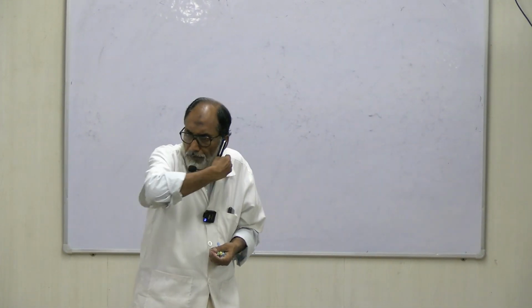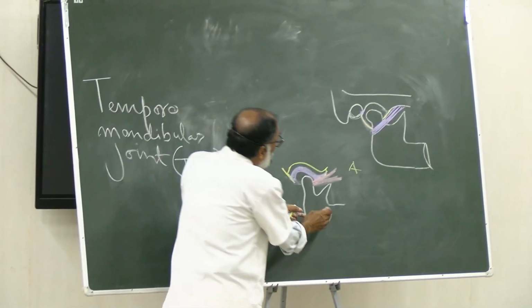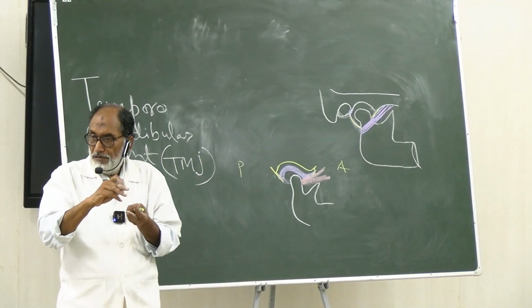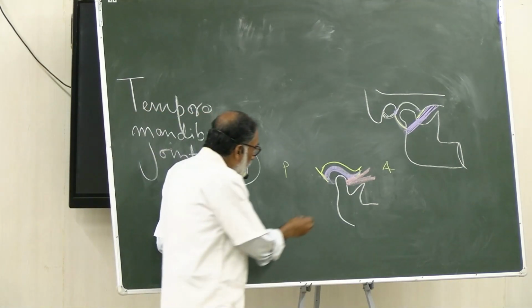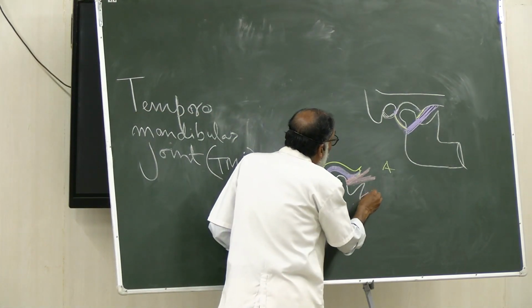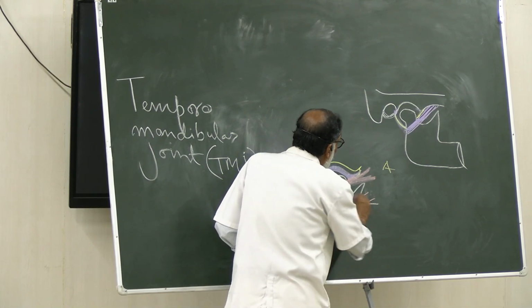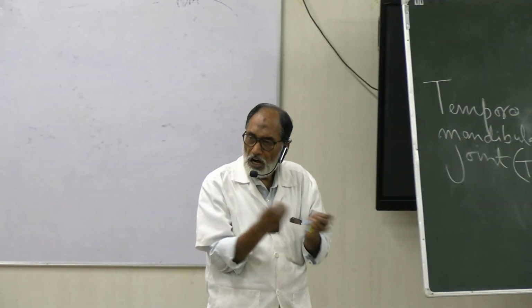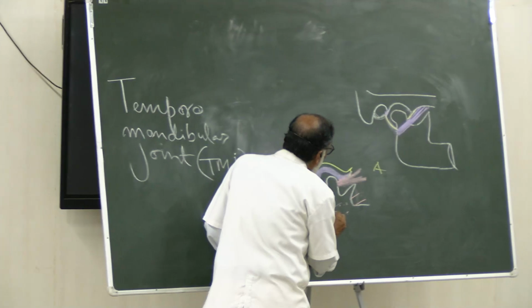If it contracts, then it will move forward. And this is the ramus of the mandible. On its medial aspect, there is the insertion of the medial pterygoid. So here there is the medial pterygoid, like this, and on the outer aspect lies the masseter.